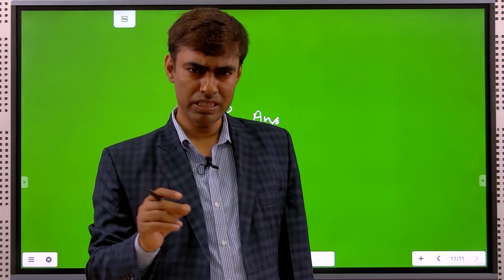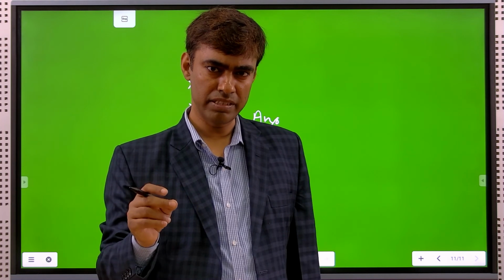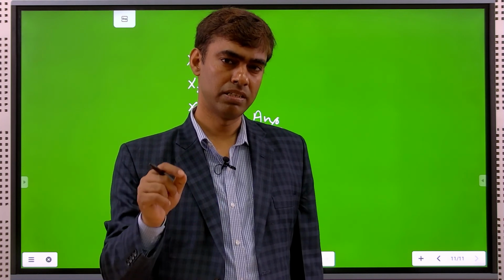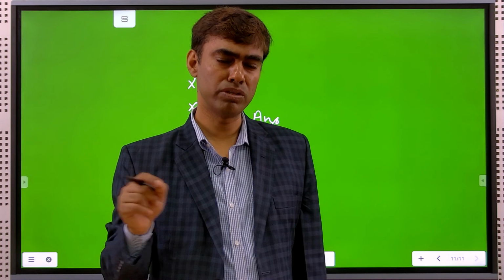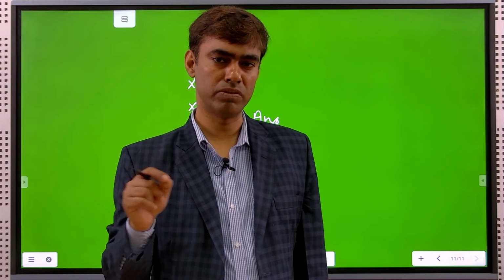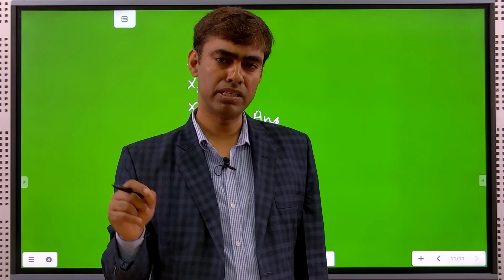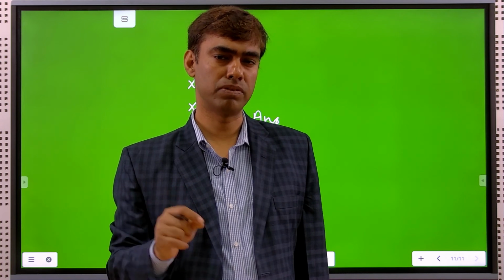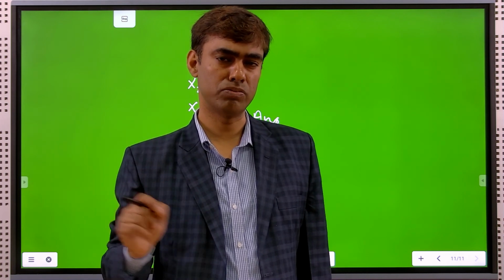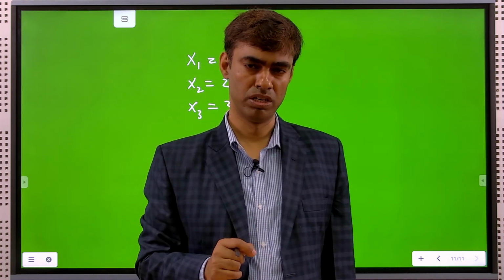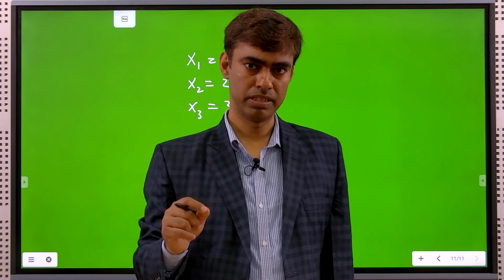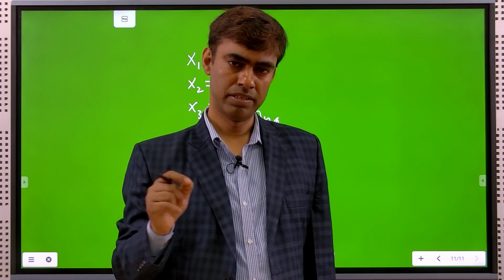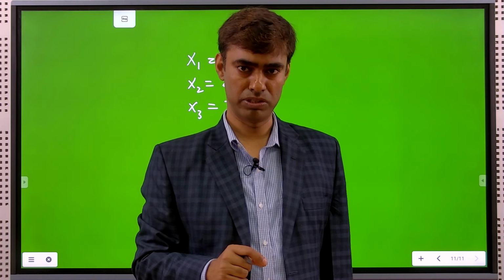And one thing I also want to mention once again: in Doolittle's method, we set the diagonal elements of the lower triangular matrix equal to 1, and to find the values of Z we perform forward substitution, and to find the values of x1, x2 up to xn from Ux equal to Z, we perform backward substitution.